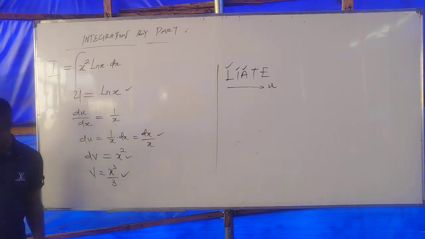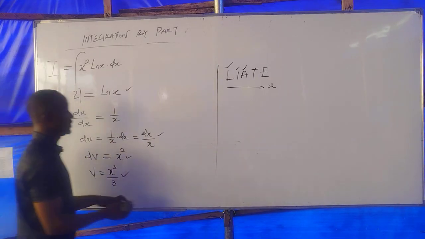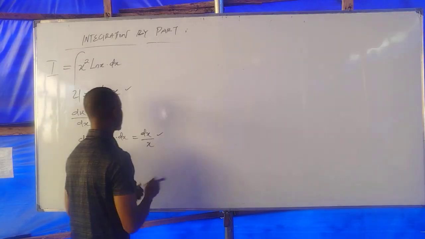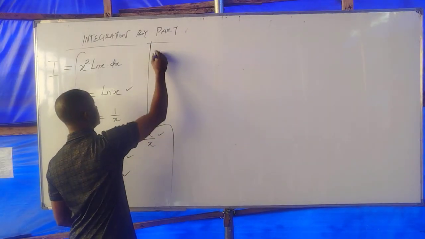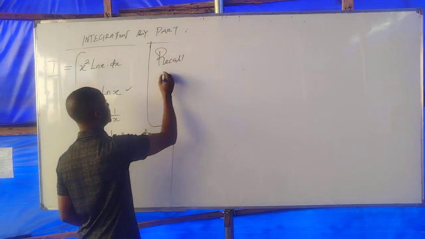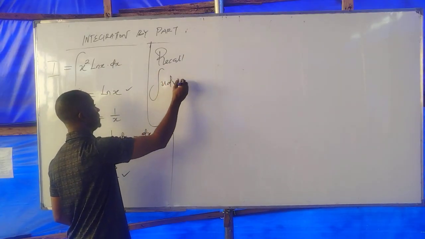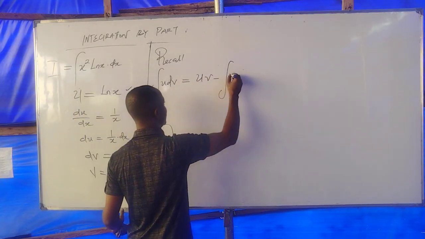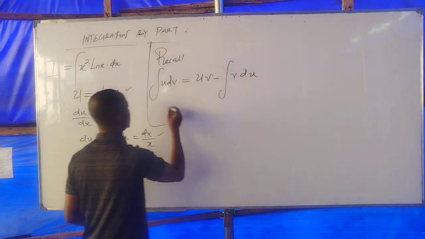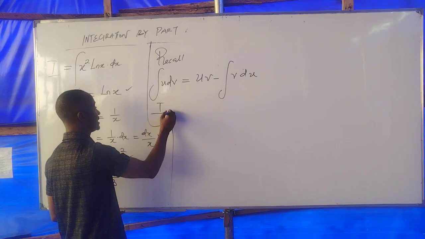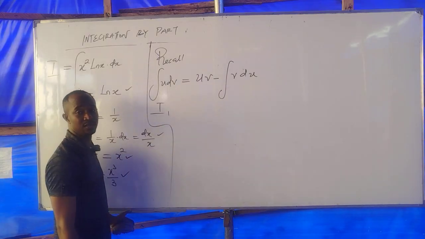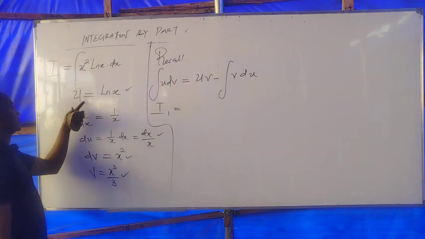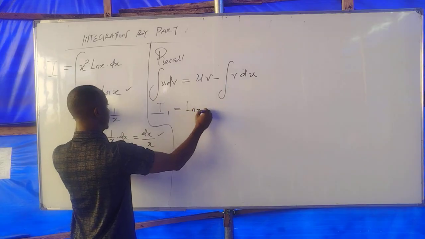Let's put the value of each of these into the formula we have. Recall the formula says the integral of u dv is equal to uv minus the integral of v du. So that implies that, let's call this I1, right? What's that u? u is ln x.